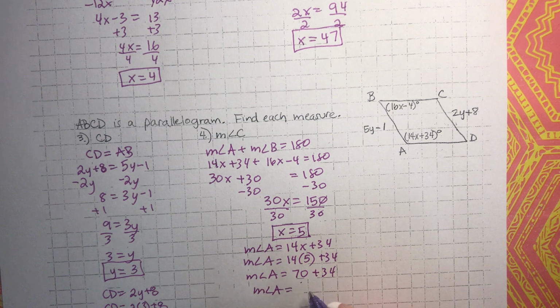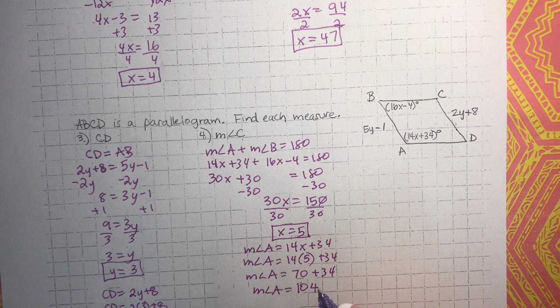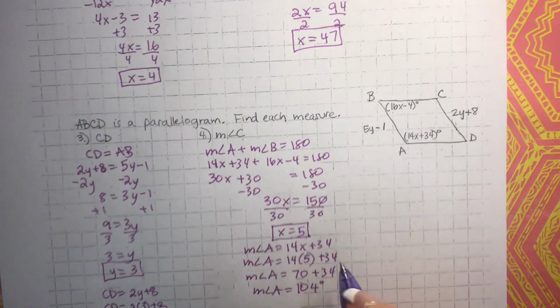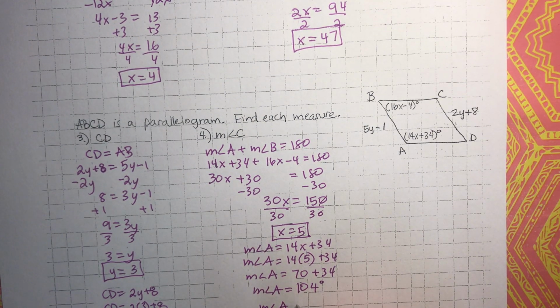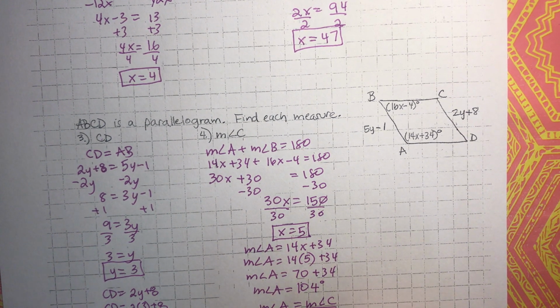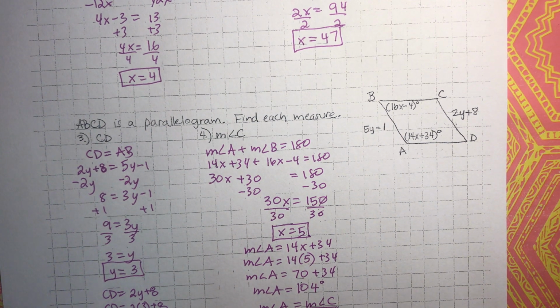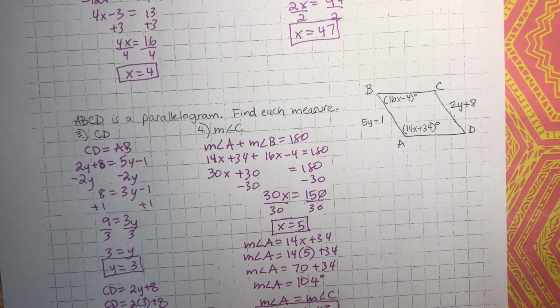Measure of angle A equals 104 degrees. And I'm just going to say measure of angle A is equal to measure of angle C. So we're going to substitute: measure of angle C equals 104 degrees, because if it's a parallelogram, then the opposite angles are congruent.